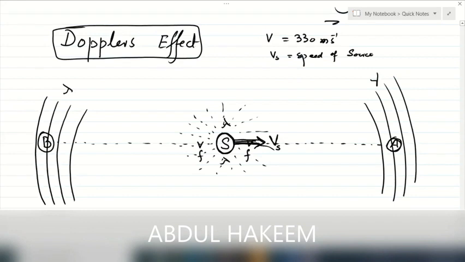When the source of the sound moves towards A, the wave travels again in both directions, but now the air is opposing the sound.